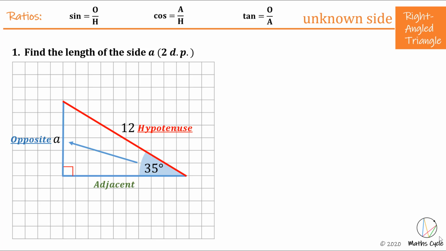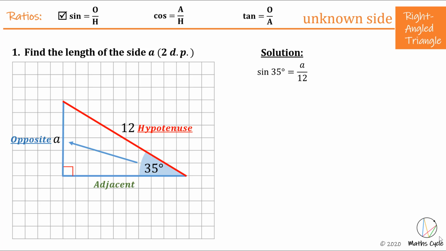You can see it's the sine ratio. So we use the sine ratio to build our solution. The sine of the angle 35 equals opposite over hypotenuse, which is A over 12. So now our job is to solve this equation to find A.